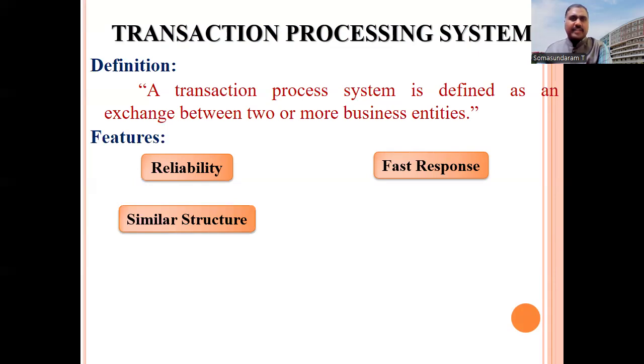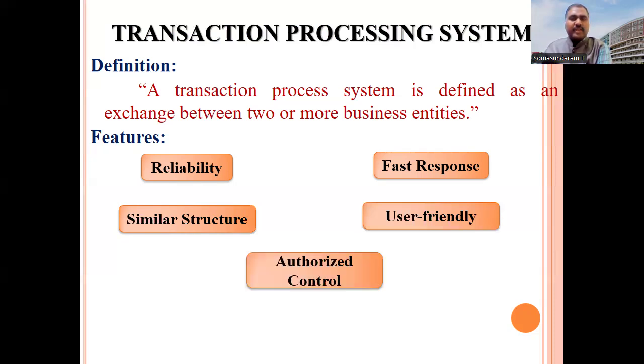It also has a similar structure. Different structures have not been made for different transactions or processes. If you take retail, transport, service, or banking, almost 80-90% of the transactions taking place in an organization on a day-to-day basis are handled in a similar way. So it has a similar structure and is user friendly.